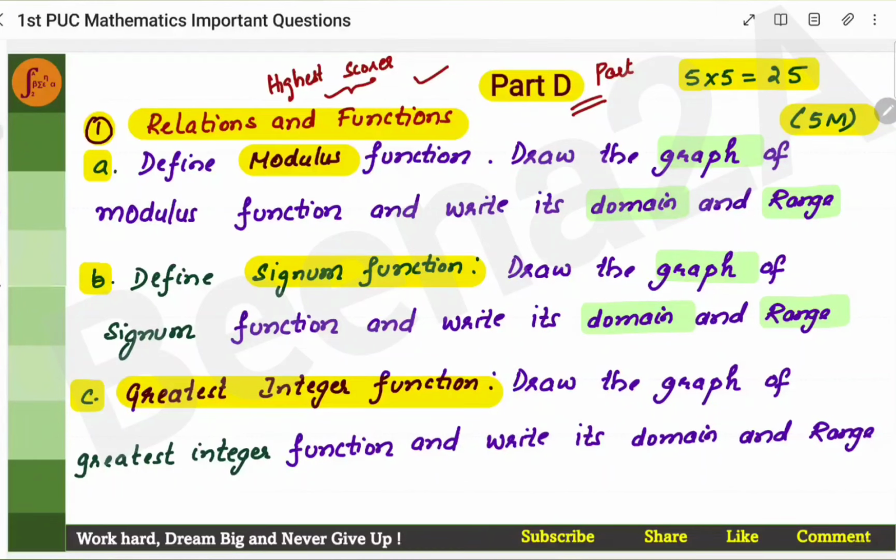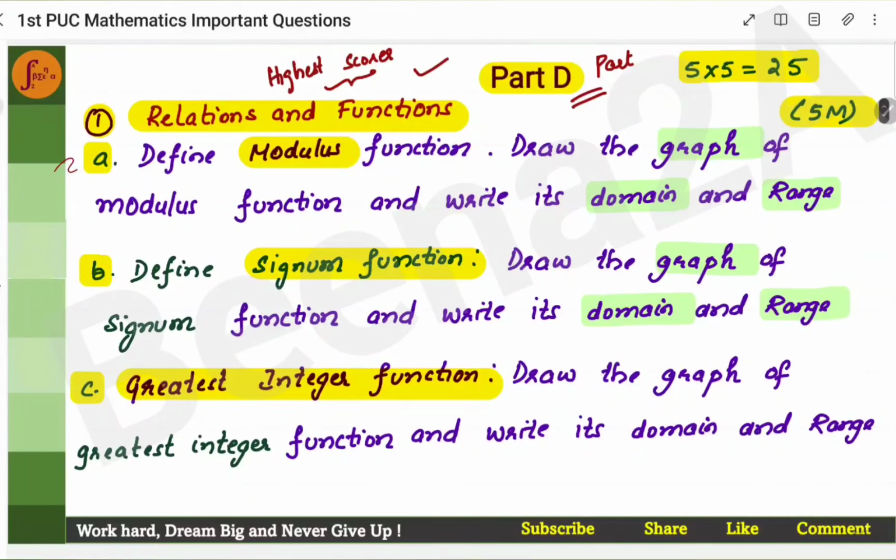We cannot say for sure that this is what you're going to get in the question paper, but what I would suggest is you can focus and practice more on these kinds of questions so that it will be easy for you to write these answers correctly, perfectly in the exam. So focus on modulus function, signum function, greatest integer function along with other kinds of functions, right? Focus on this primarily. So this is again a 5 marker, an easy one.